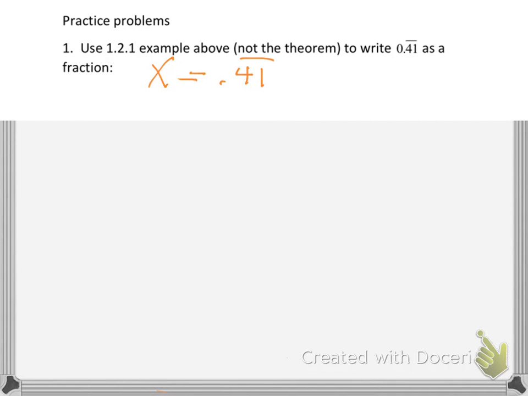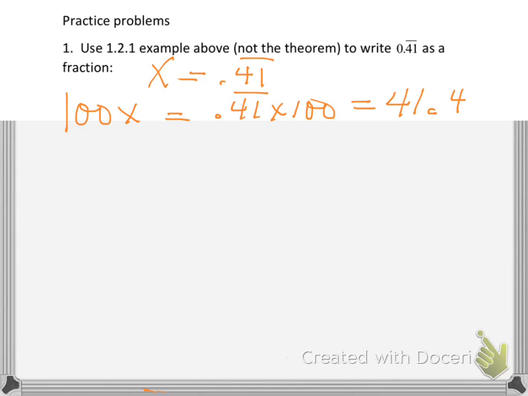I have 0.41, which is to the 100th. So I'm going to say 100x, and that's going to equal 0.41 times 100, which equals 41.41 bar notation.